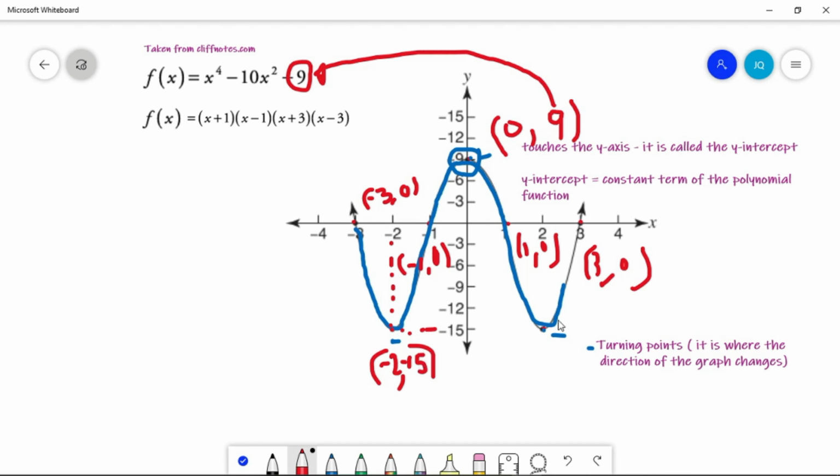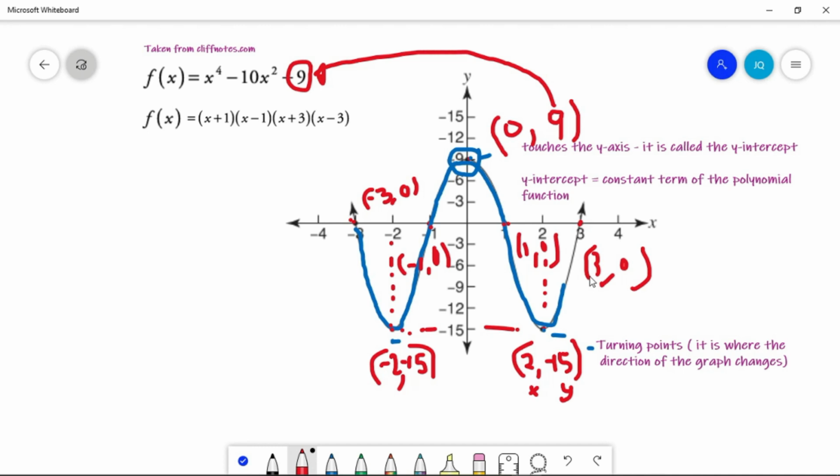So just to refresh how to name the points, this is for x and this is for y, and this is negative 15. Okay, so now going back to these points here, that's negative 3, negative 1, 1, and positive 3.